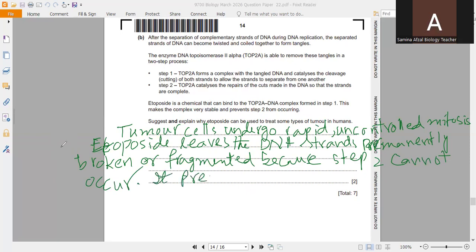It prevents DNA replication from being completed.